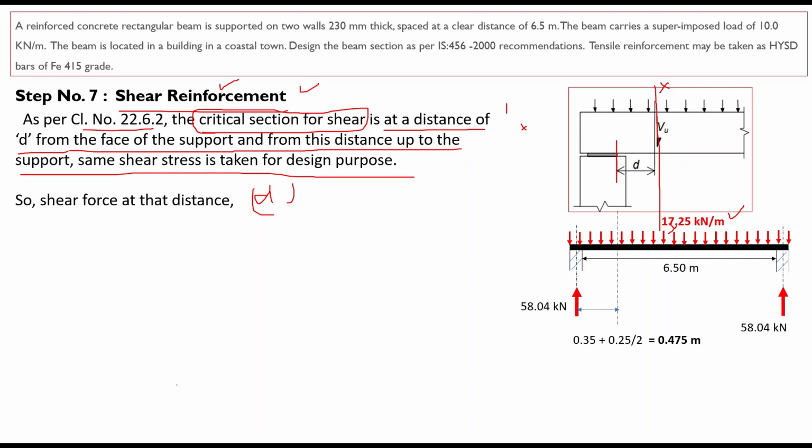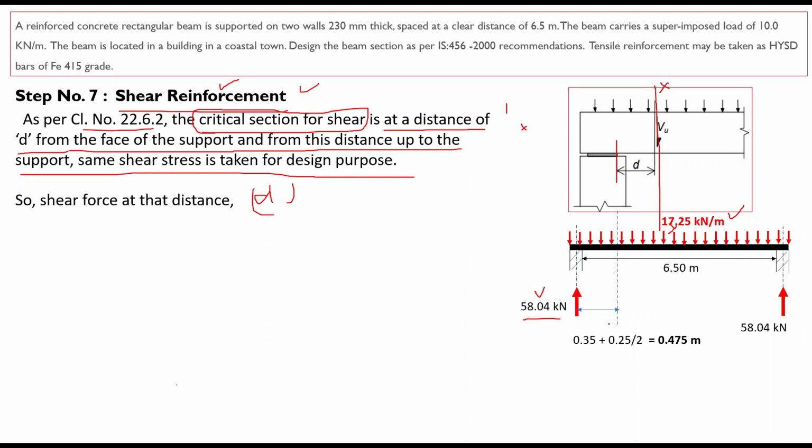Based on the theory of structural analysis, you can easily work out the reaction at the support, at the center of support. That reaction is coming out to be 58.04. This will be the maximum shear force, and it will be at the center of the support.